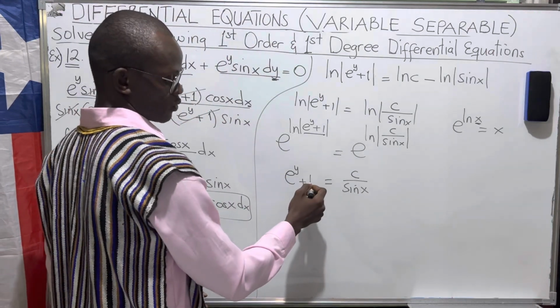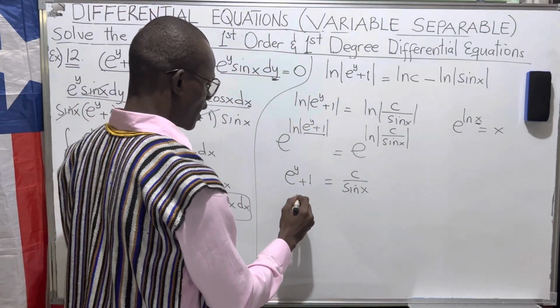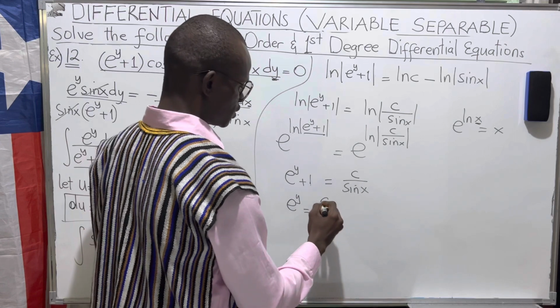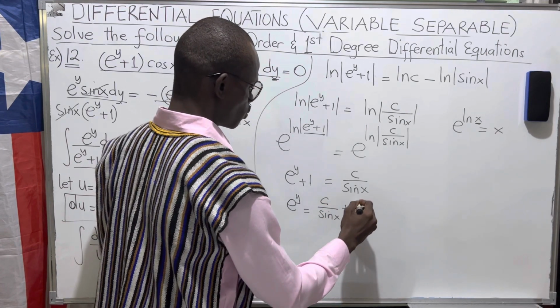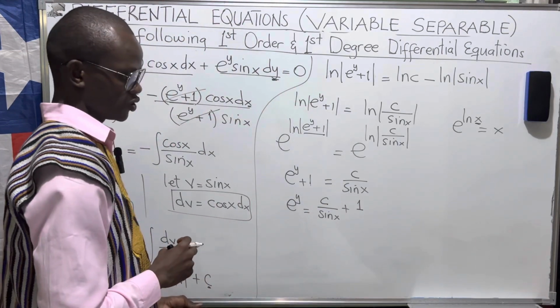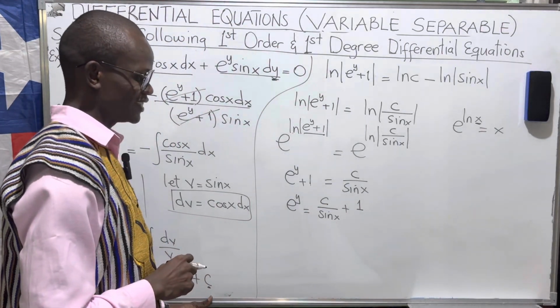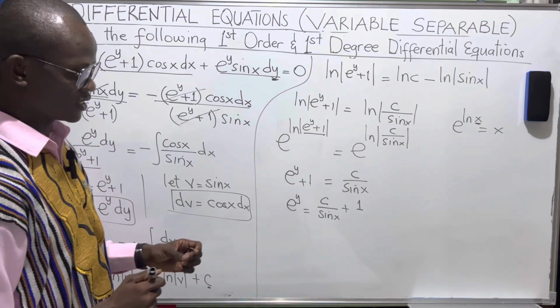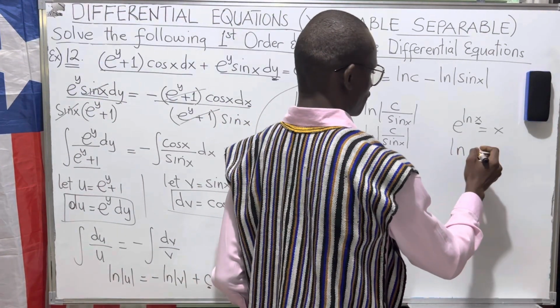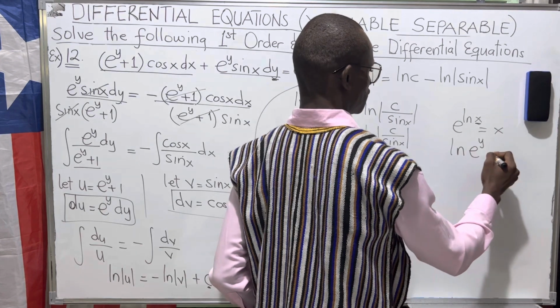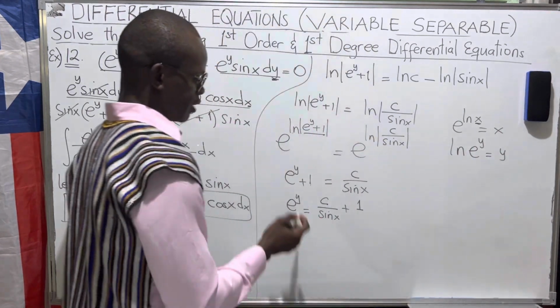So if I send this one across, I will have e raised to y equals c all over sine of x minus 1. What I can do now is take the ln on both sides, because I know that the ln of e raised to y is just equal to y. So I want to solve for y.